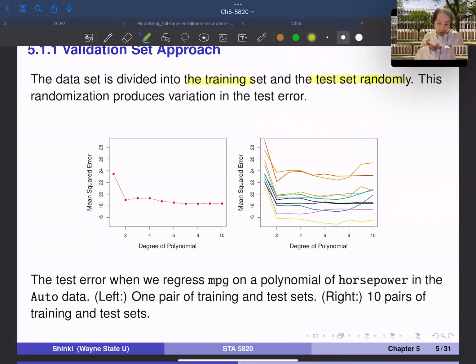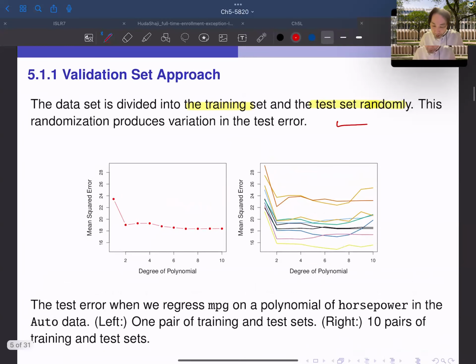We fit with the training set and calculate the test error, but each time we use different random numbers to split the data set into these two sets. So sometimes the error size is small and sometimes it is large.